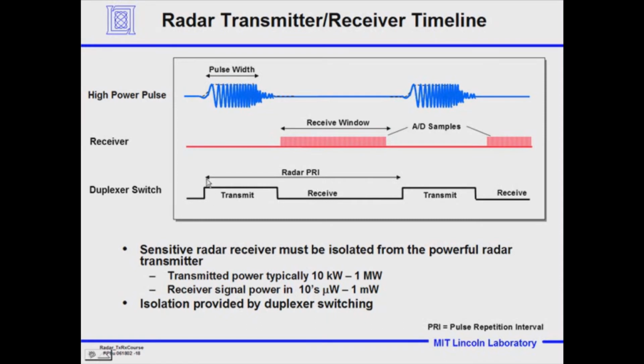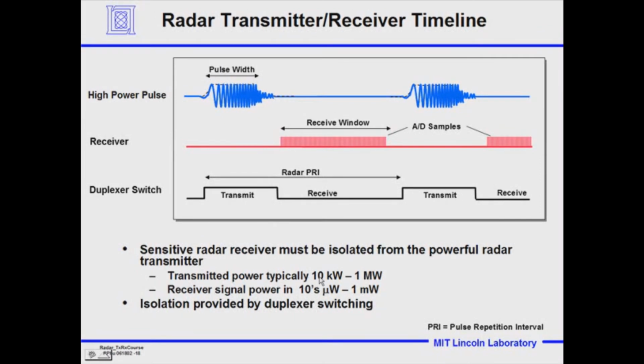Now, the total time between when we start to transmit and when we start to transmit again, we call that the pulse repetition interval. But the thing I want to focus on is, when we're transmitting, we do not want any signal to get into the receiver. So we want a switch out there, and that switch is the duplexer. Okay, we use duplexer switching to isolate. How much isolation are we talking about?